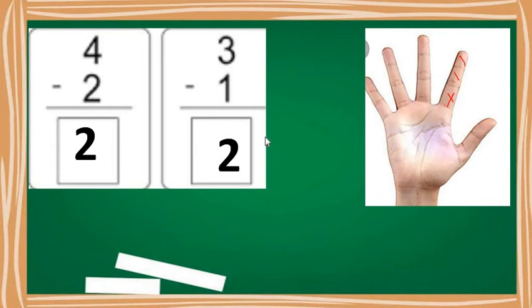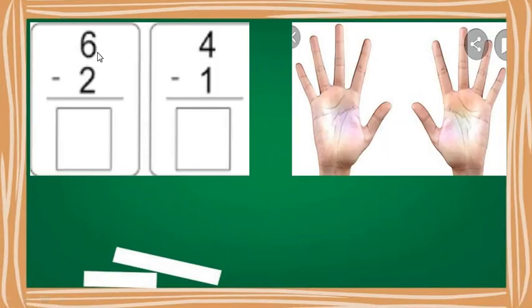Now see next. 6 minus 2. The sum is 6 minus 2. What should we do now? Look. Count 6 fingertips. 1, 2, 3, 4, 5 and 6.